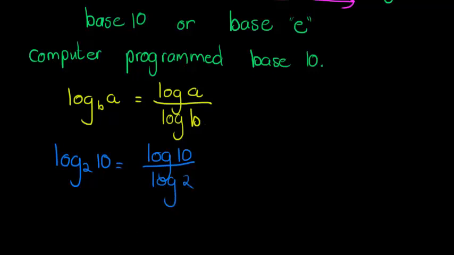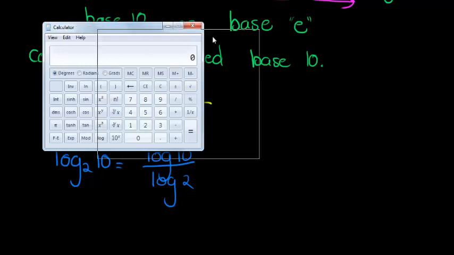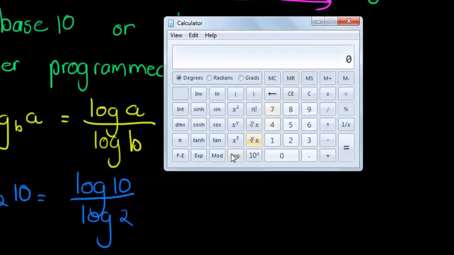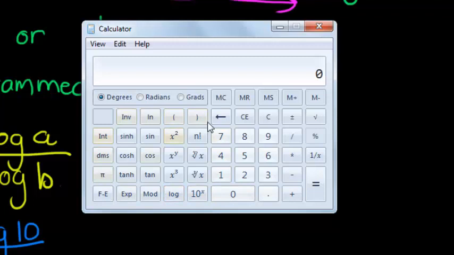And let me actually show you, the computer calculator does it as well. As you can see, this calculator on Windows, the only logarithm that we have on here is this log. It doesn't have a specific base, which means we can only calculate base 10. Okay, but that's not a problem. If I had to calculate log with base 2 of a certain value, all I do is take the log of the value I need to calculate.